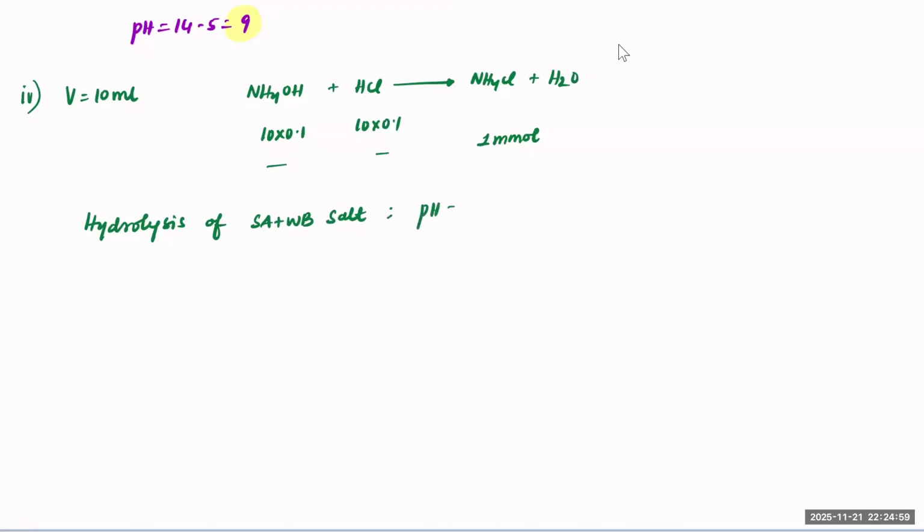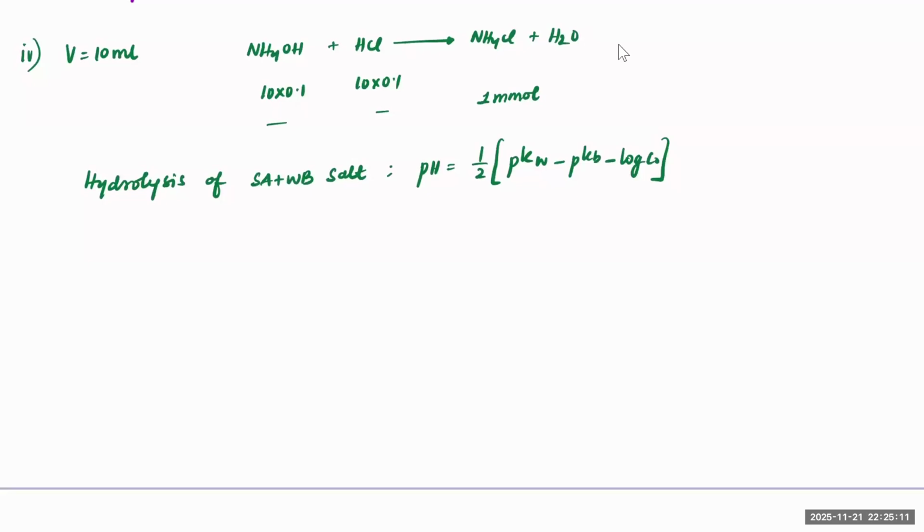For that, what is the formula of pH? pH is equal to half of pKw minus pKb minus log of C naught. C naught is the salt ion concentration. So NH4Cl concentration, which is same as NH4 plus concentration, will be equal to 1 millimole divided by total volume.